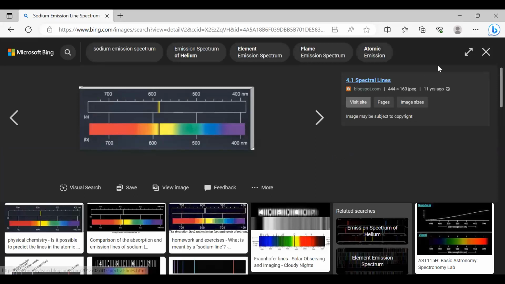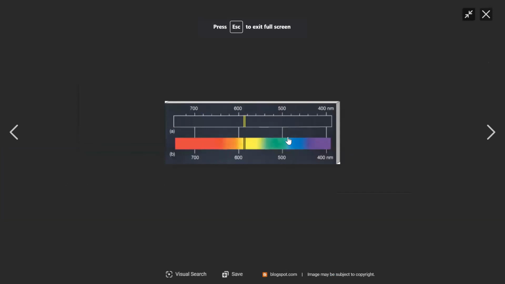Now see here. Can you see this? Look at the top first, where the cursor is moving. Can you see the cursor moving? The upper one, you see all the dark space, and in that dark space you see just 2 yellow lines. And look below, again you have a spectrum where you have all colors and you have 2 dark lines.